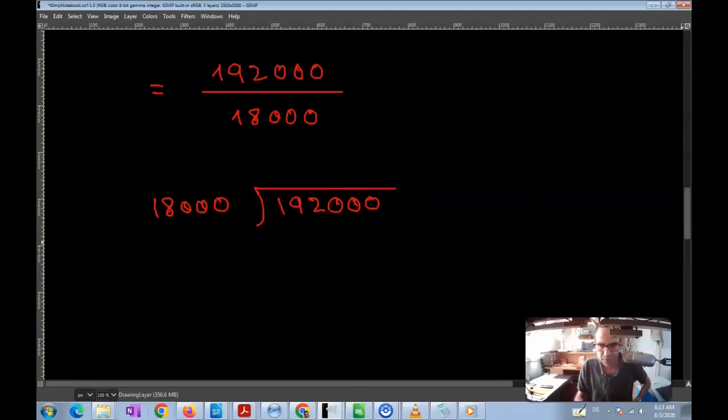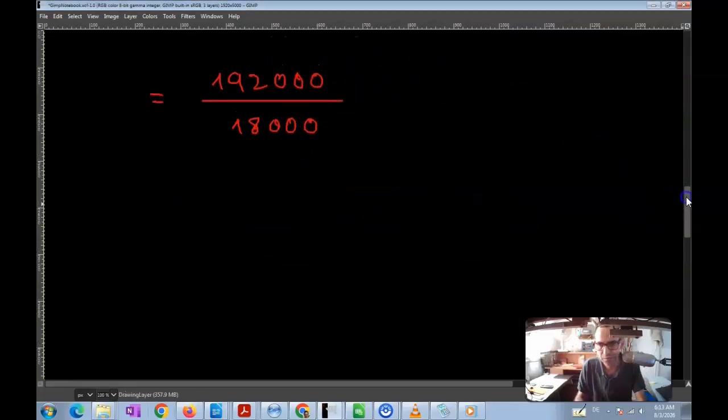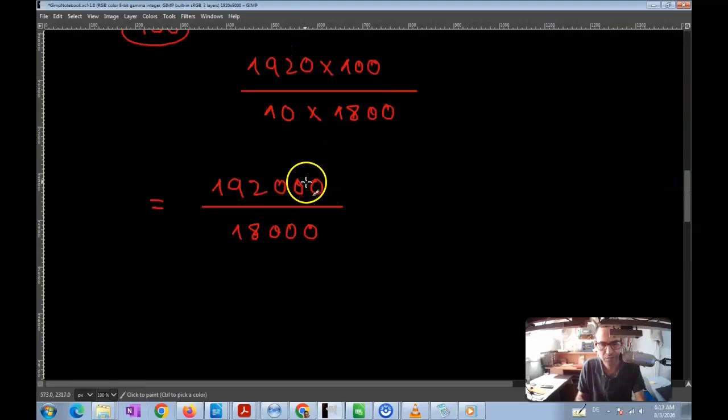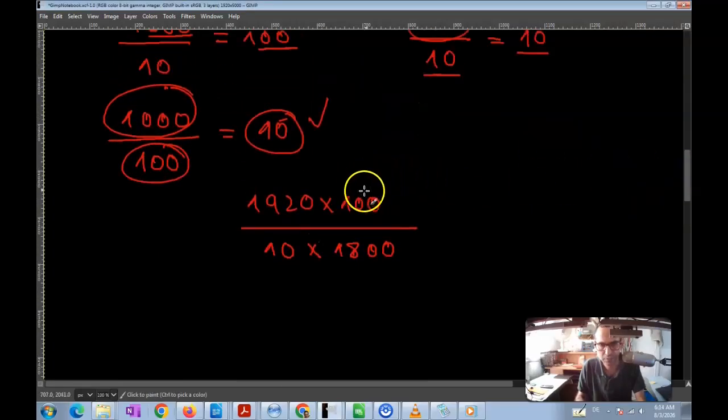You can do it this way, but you can also simplify your fraction. To simplify, what we could do is say that 1920 is the same thing as 192 times 10, right?